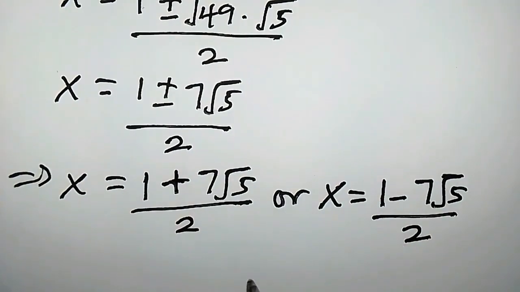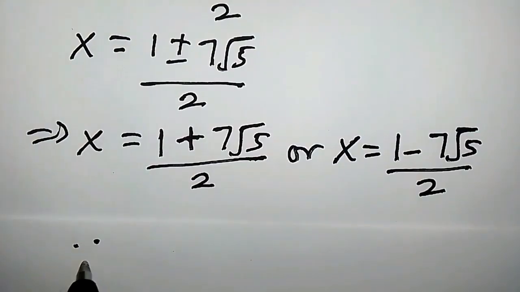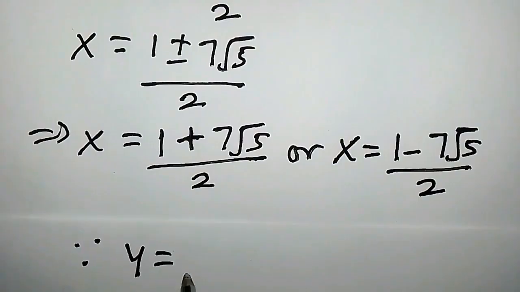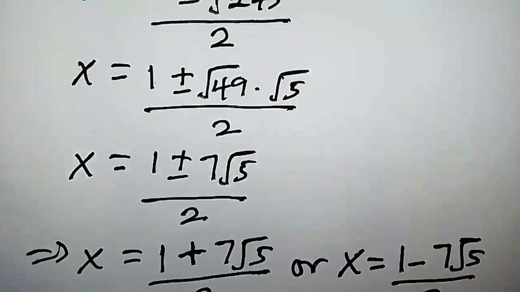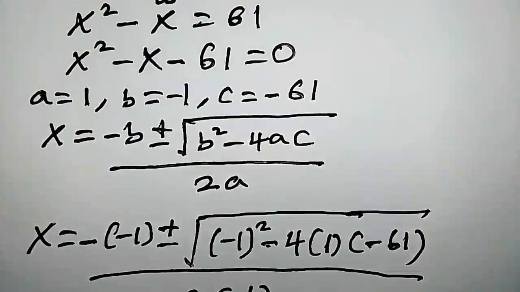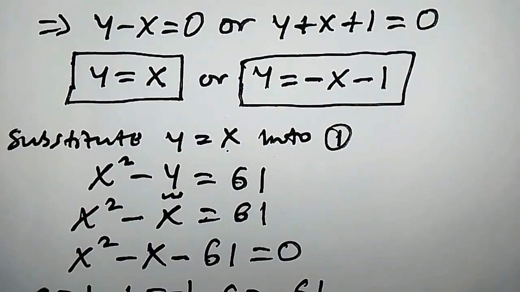Thus, we have two values for x. To get the values of y now, since y is equal to x, let me show you where we got this from. It's actually from here.